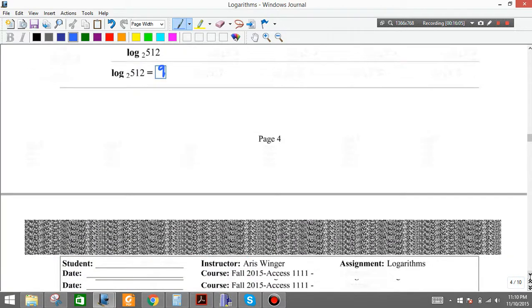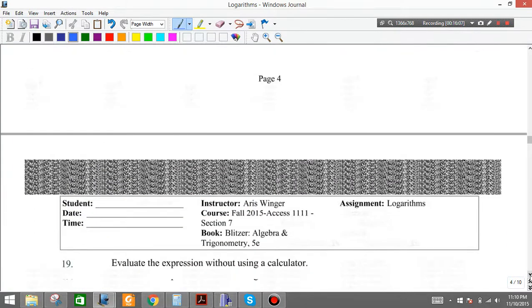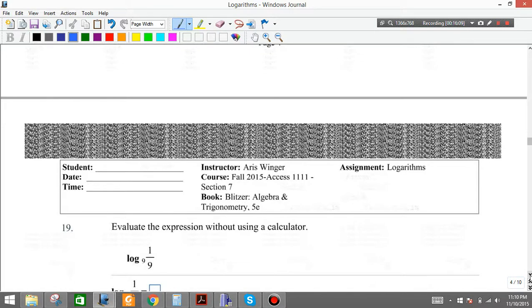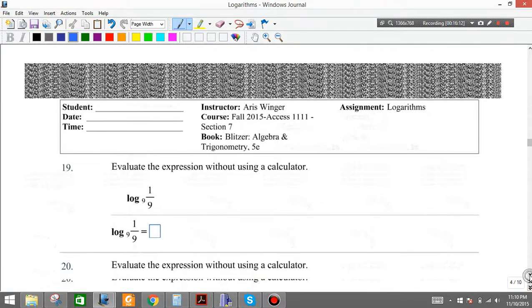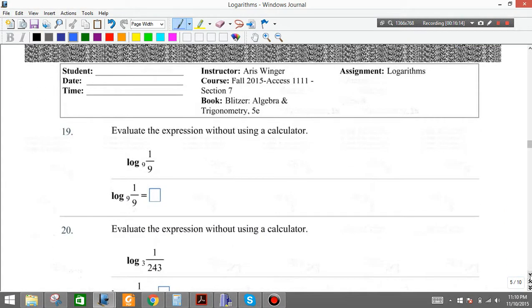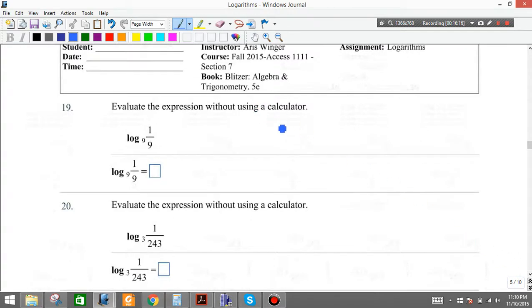So we see that that's the game. We're just looking for the power. There are some things we have to remember about certain special powers: negative exponents move things to the denominator. For instance, x to the negative 1 is 1 over x. So if I see 1 over 9, that's really 9 to the negative 1 power.